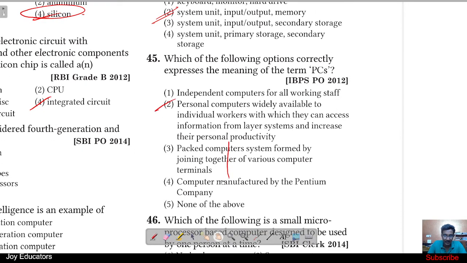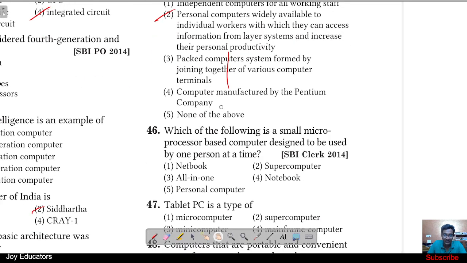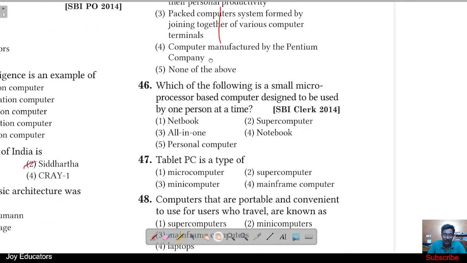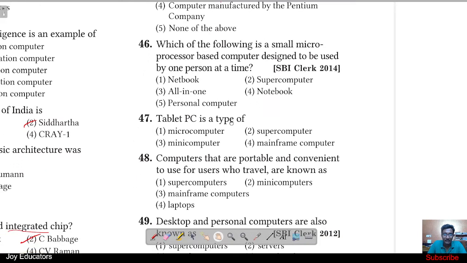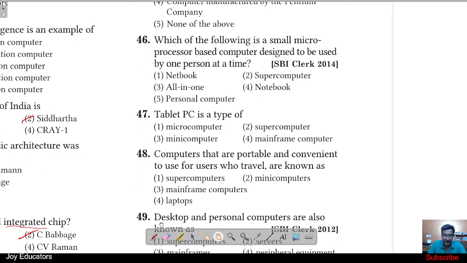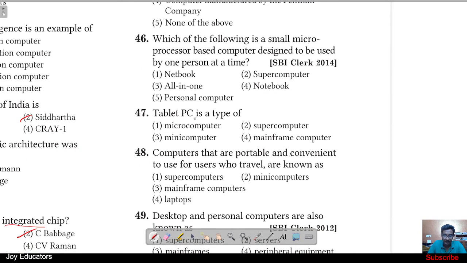So, which of the following options expresses the meaning of the term PC? Okay, that's the answer. So, which of the following is the microprocessor-based computer designed to be used by one person at a time? Personal computer. Okay, only one can use, right? Okay, tablet PC is made up of microcomputer.